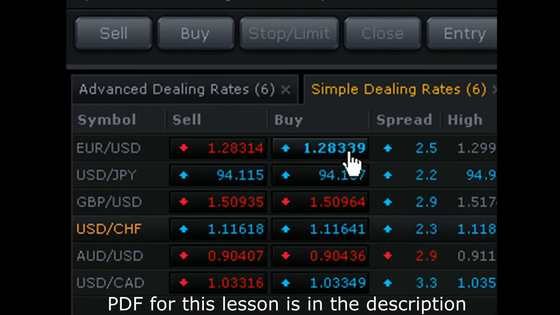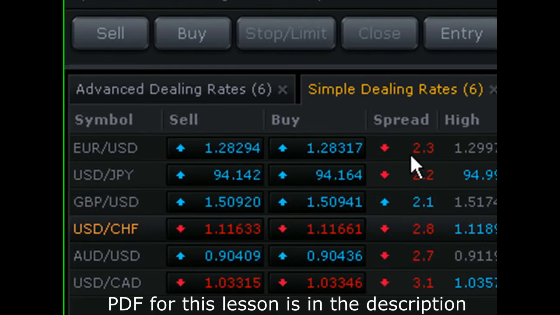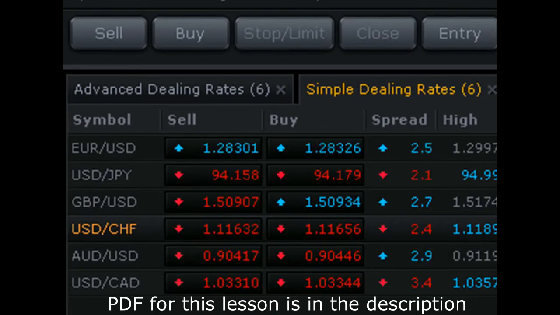A pip is 0.0001, the 4th decimal place. So as you can see here, we have a spread of 2.4, 2.3, it keeps changing obviously when the numbers keep changing, but that means that the difference between the buy and the sell price is 2.2, 2.4 pips right now.